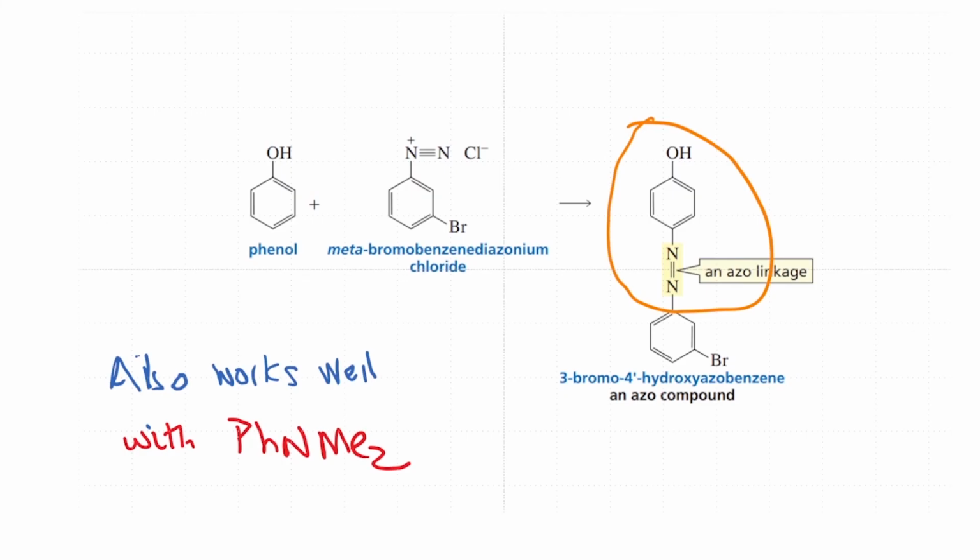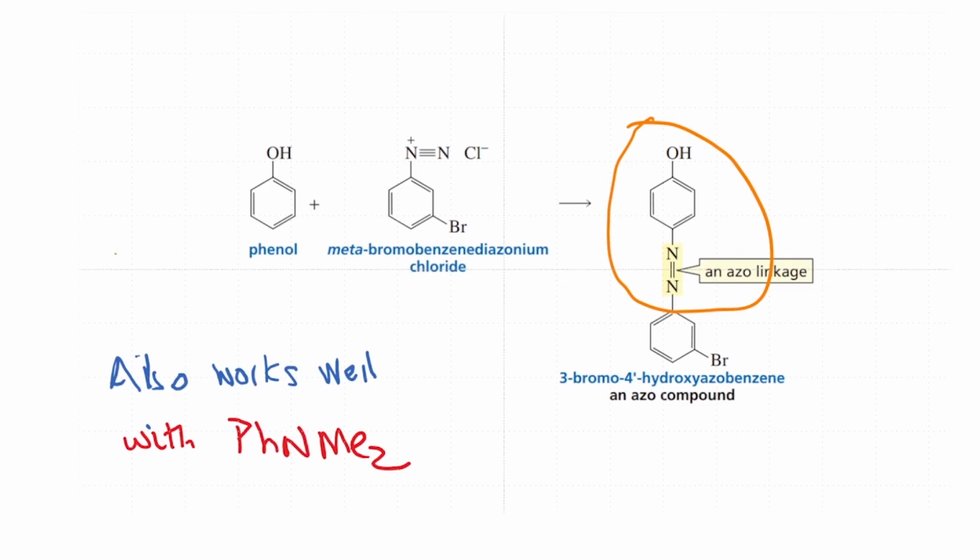So clearly the nitrogen triple bond nitrogen here is involved in the reaction, not in the way that we are used to, but in a very different way. This kind of reaction also works well with electron donating groups or electron rich benzene rings such as phenol and dimethylaniline and so on.